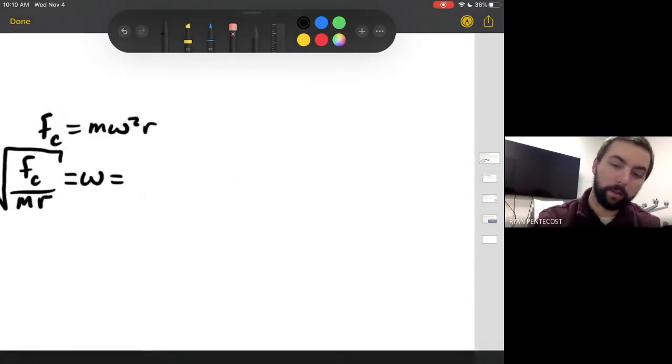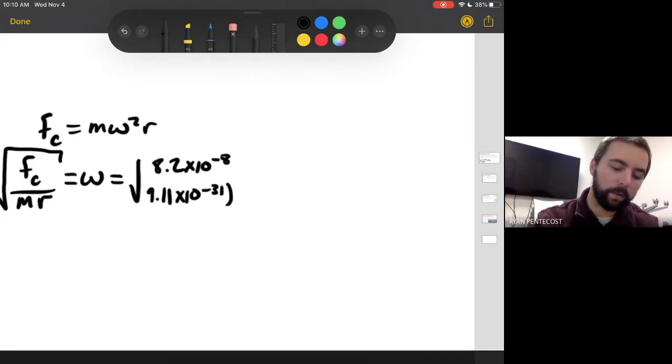So if we do that, this is going to be a lot of numbers, so heads up. We have the square root of 8.2 times 10 to the negative 8 divided by mass, which is 9.11 times 10 to the negative 31st, right? And that is times the radius, which is 53 times 10 to the negative 12.